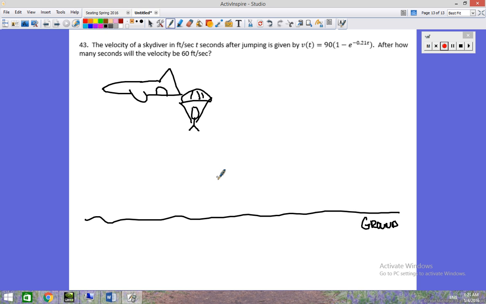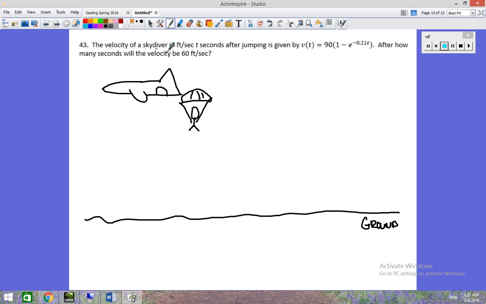It says the velocity of a skydiver in feet per second, t seconds after jumping, is given by. So the person jumps out of the airplane, and then 1 second goes by, 2 seconds goes by, 3 seconds goes by. Well, this equation talks about the velocity of the skydiver as they jump out.